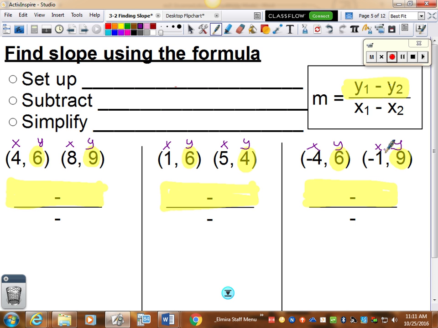So let's go ahead and label those as well. Then the bottom of the fraction is where I subtract the x values. On the bottom, we're highlighting that in the other color, and one more.